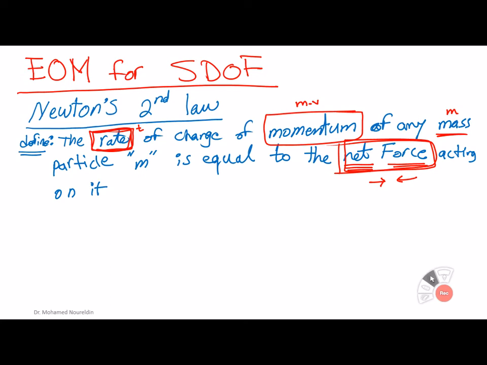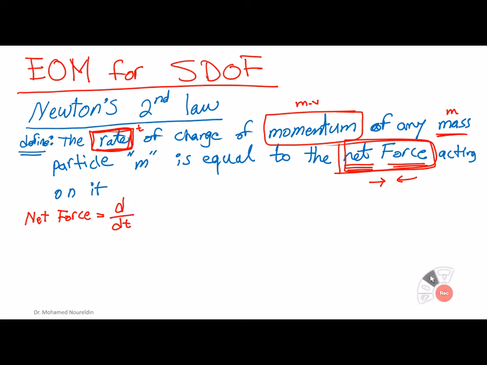Now let's derive from this definition our first equation. First of all, the net force is going to equal the rate of change of momentum. The rate of change means d by dt. As I said, time is involved, so we need to use it in our mathematical model.